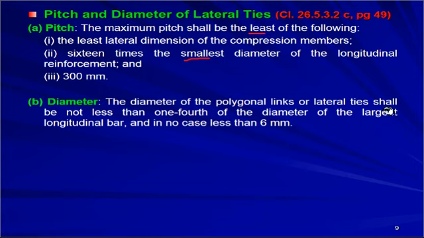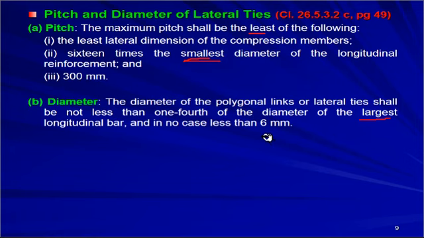Diameter of the lateral tie: the diameter of the polygonal link or lateral ties shall be not less than 1/4 of the diameter of the largest longitudinal bar. Now you have to remember that for pitch it is given as smallest diameter, and here it is given as largest diameter, and in no case less than 6 mm.